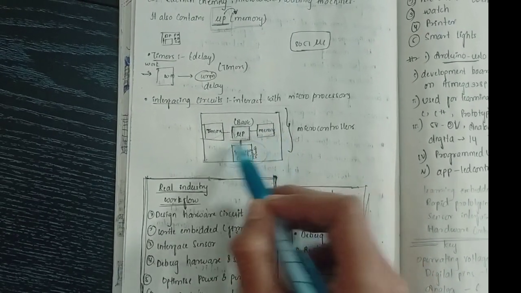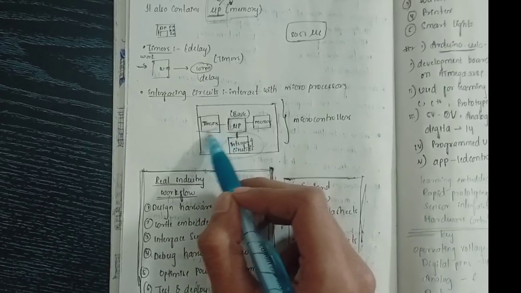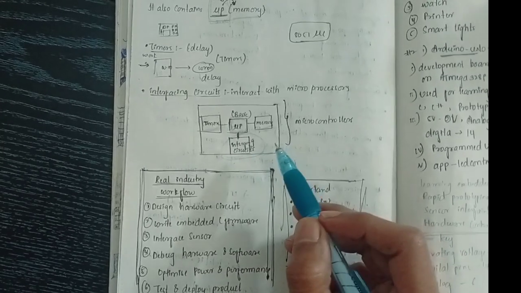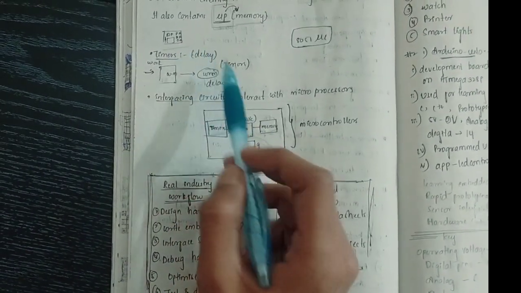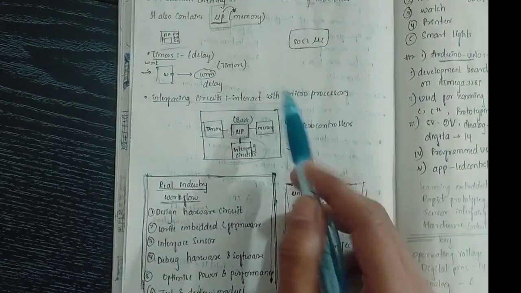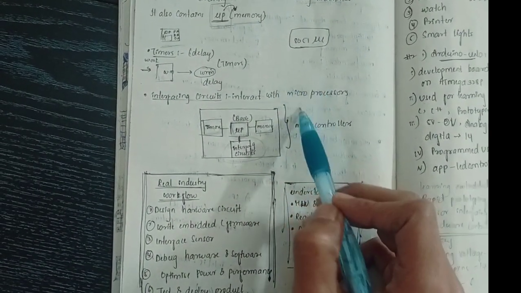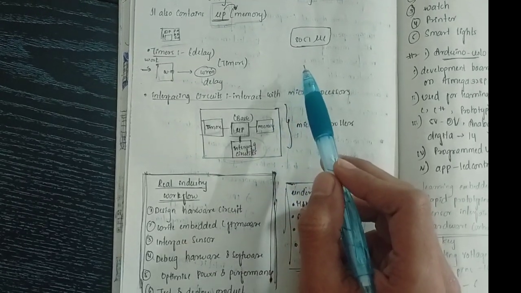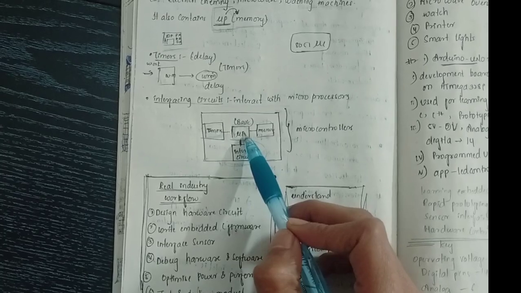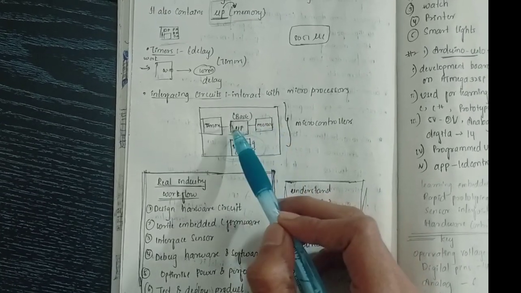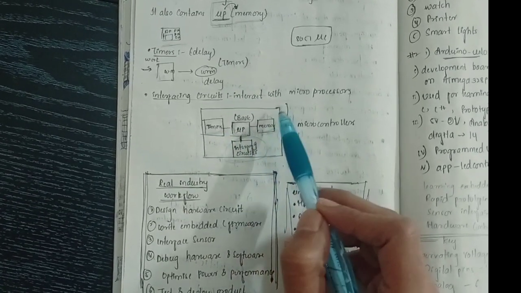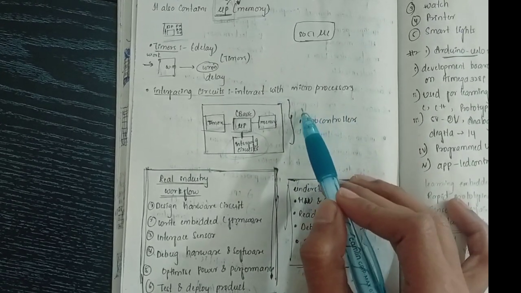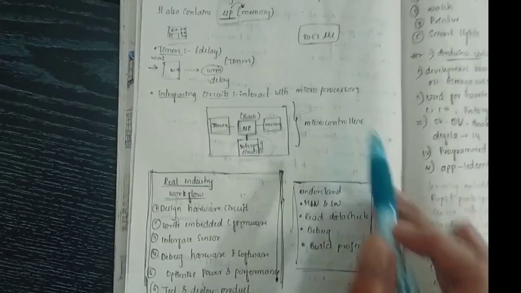It also has memory and timers for the time required to complete the task. For the interfacing circuits, take the example of a microwave oven. It has multiple buttons, and these are connected to them. When we click a button, the processor, the memory and the timers integrate to control the device efficiently.